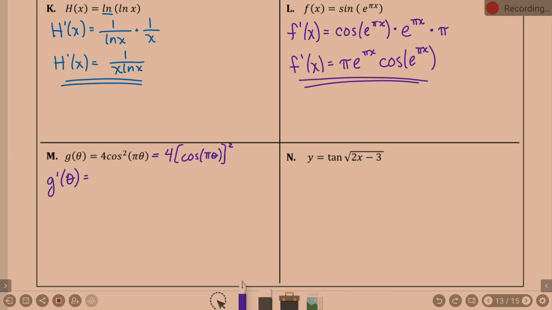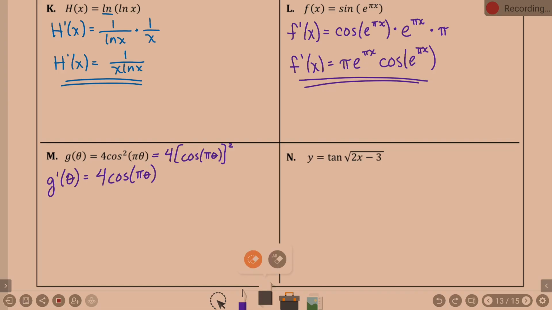My inside, the first go round, stays the same. Subtract 1 from the power, and it's just 1. So my first go round, I'm going to be at 4 cosine of pi theta, because that's a derivative of something raised to the second.